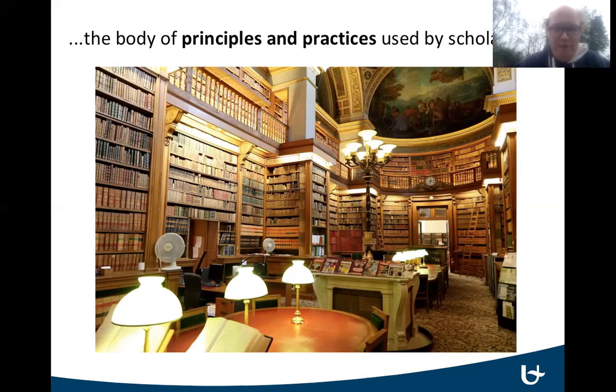The body of principles and practices can be consulted in libraries nowadays, and also, luckily, especially in these times, online. So what do you need to do? You need to start with consulting this body of principles and practices used by scholars, and make sure that you know it, so that you can make use of it and build on it.